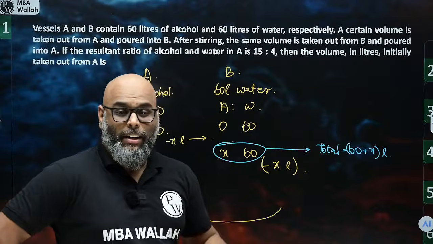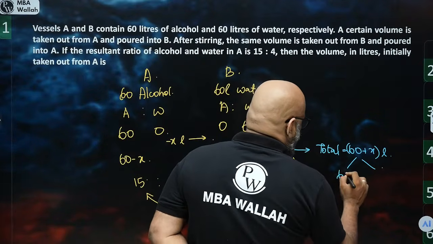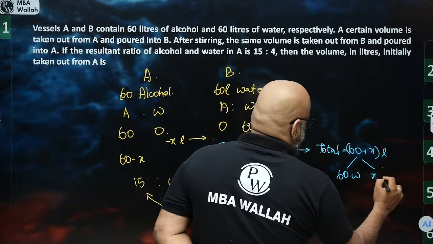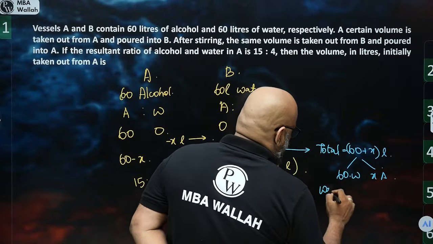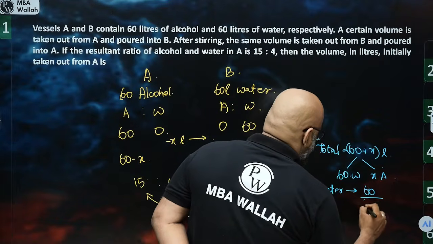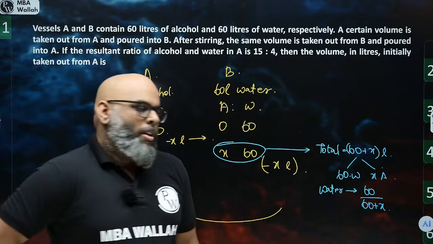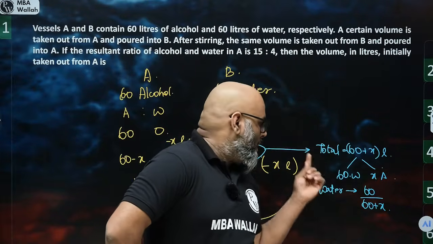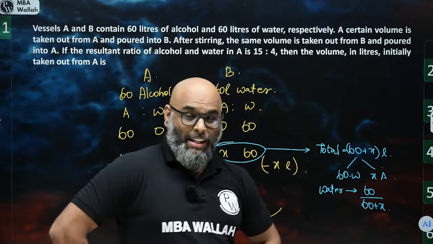I have 60 water and X alcohol. Or I can say water concentration is 60 divided by 60 plus X. So the total concentration of water in B from here will be 60 divided by 60 plus X.